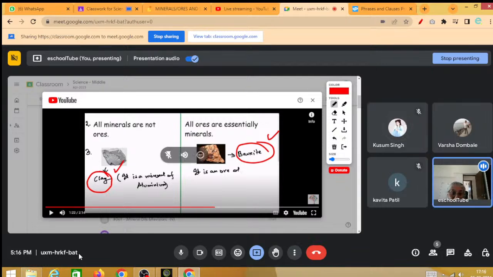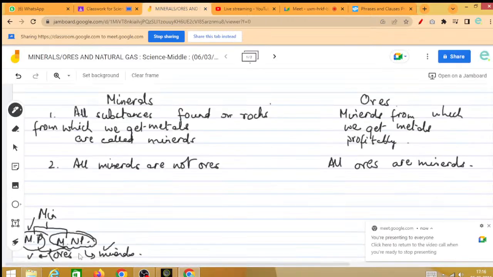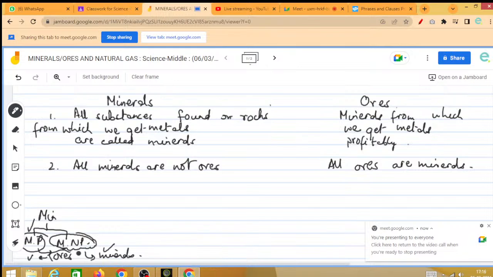Harshal, did you understand this? If we say that bauxite is an ore which gives aluminium, so there are two minerals from which we can extract aluminium. Okay?